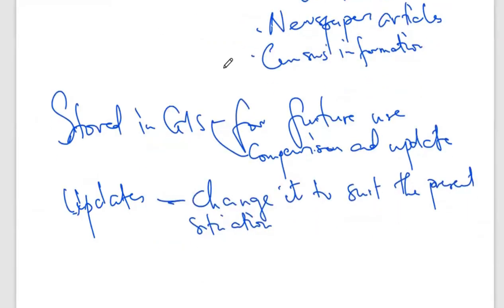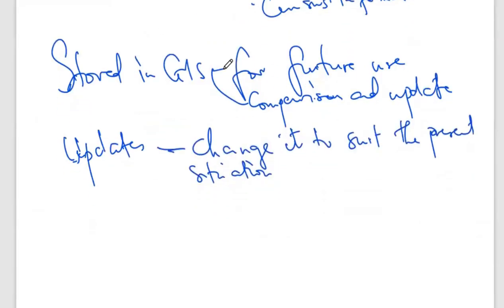Maybe it's population statistics. For the previous census, we have it stored in the system, maybe saying the total population is standing at 116 million, according to the past year census. And then in the current year census, we find that the population has changed. Maybe it has gone up to 210 million.